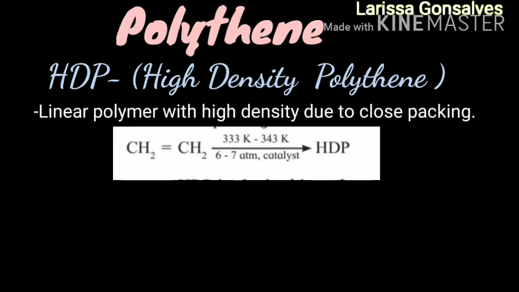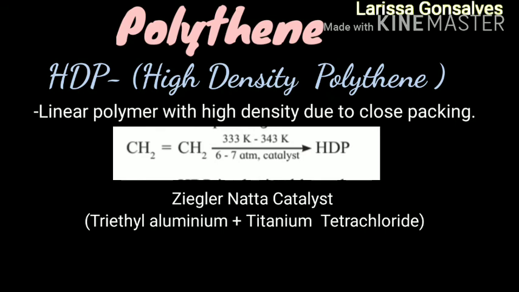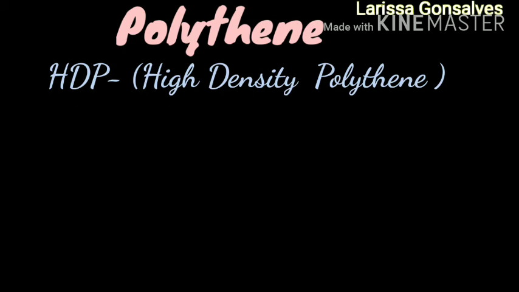The polymerization of ethene is carried out using Ziegler-Natta catalyst, which is a combination of triethyl aluminium and titanium tetrachloride. The polymerization process is carried out at a temperature range of 333 to 343 Kelvin and pressure of 6 to 7 atmosphere. A catalyst is used to increase the rate of a reaction. Next we move on to the properties of HDP.